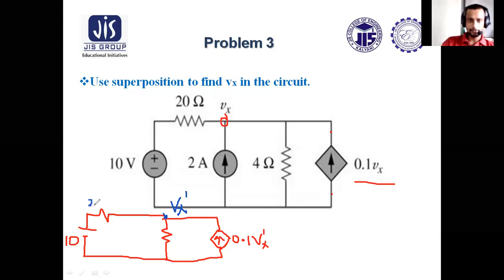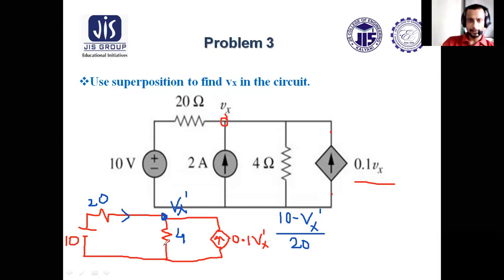This is 20 ohm. This is 4 ohm. Now see, the 2 ampere source is withdrawn. As we are considering one source at a time, the 2 ampere source is replaced by a short circuit. So what should be Vx dash here? If we apply KCL at this point, 10 minus Vx dash divided by 20 is the current through this path.